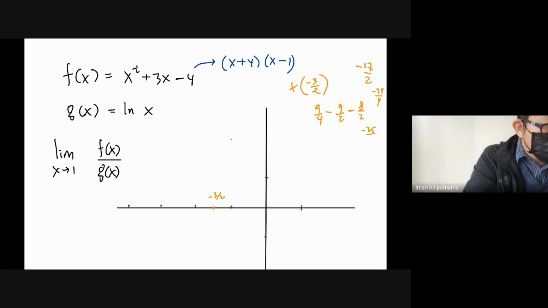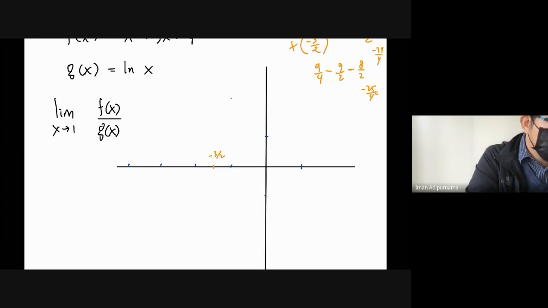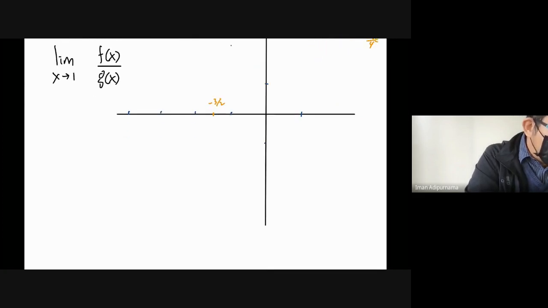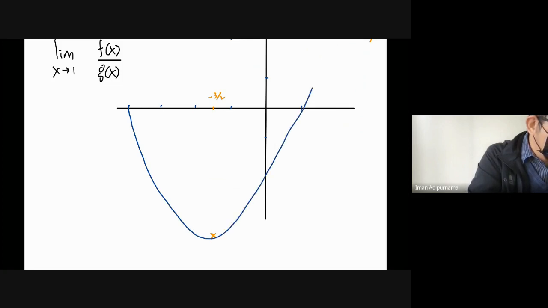Negative 25 over 4. That will be around 5 something. 5.1, that will be really down here. Okay, let's say at this point here. And let's try to draw first. Okay, more or less that, or let me just draw with this.